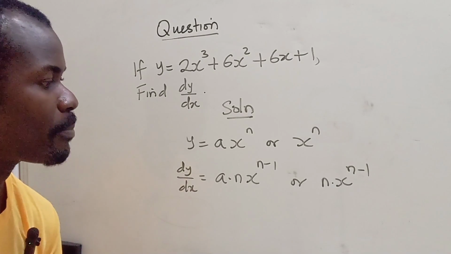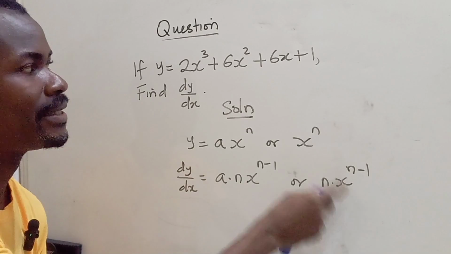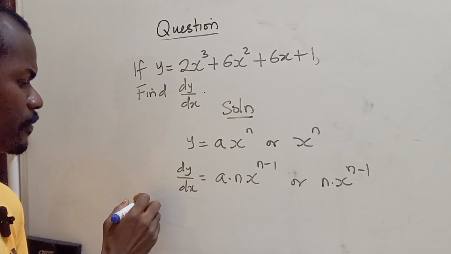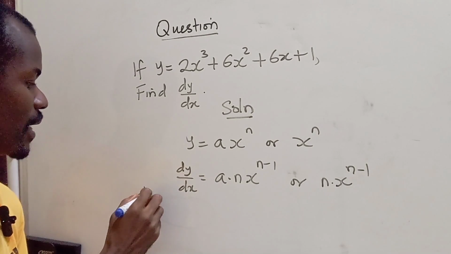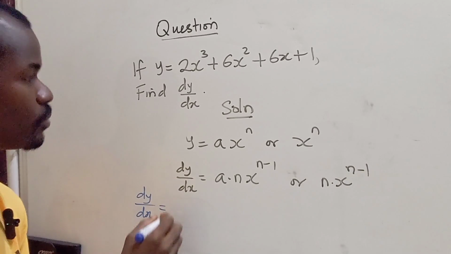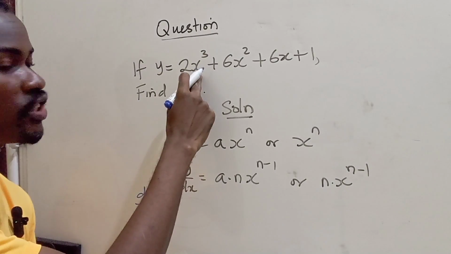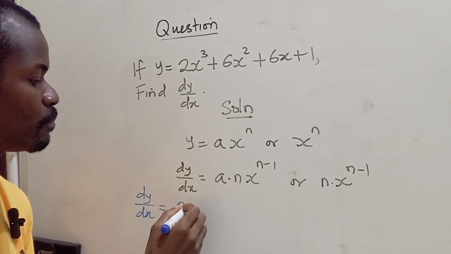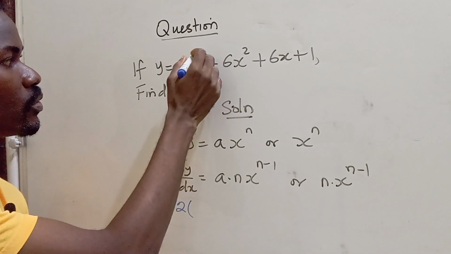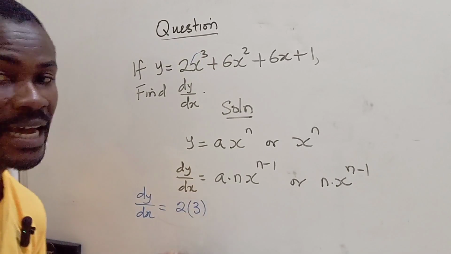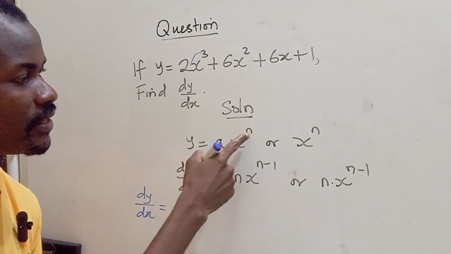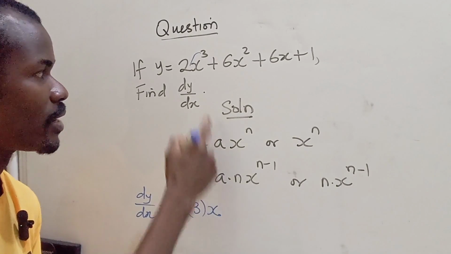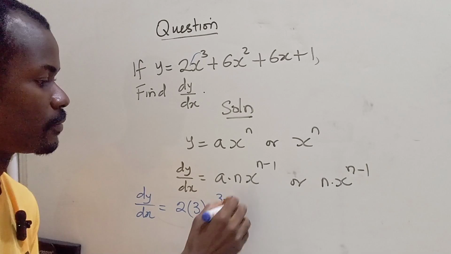So let's quickly apply this idea to this expression. My dy over dx is going to be, we differentiate this, so that will give us 2 multiplied by 3, which comes down to multiply the 2, like n came down to multiply a, and x raised to power, we subtract 1 from the power.